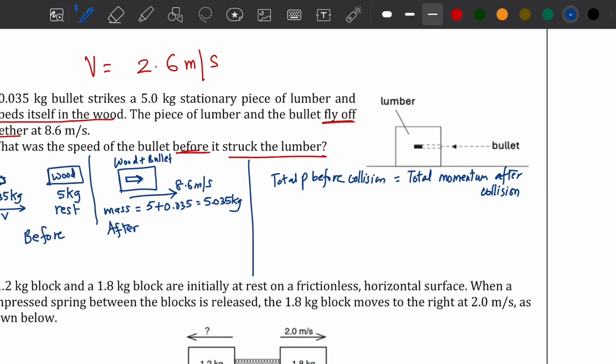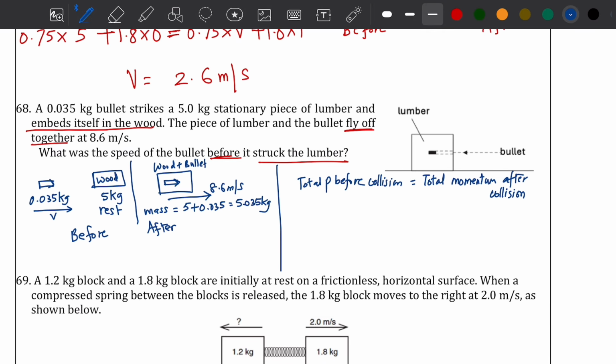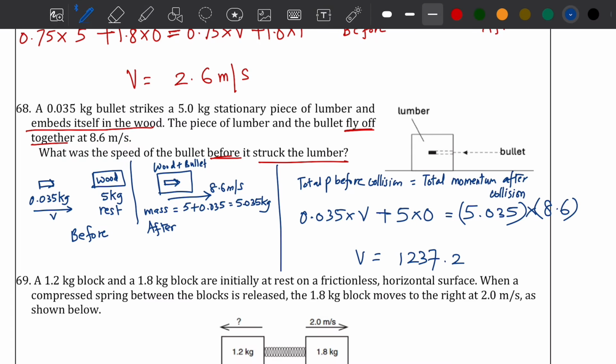Before, we had the bullet 0.035, we don't know its speed, so we'll write it as v, plus the 5 kg wood, which was at rest. Later they joined together, so their mass is 5.035 and they moved together with a speed of 8.6. We can solve this equation to get the value of v, which will be 1237.2 meters per second.